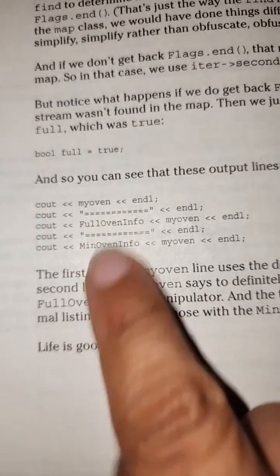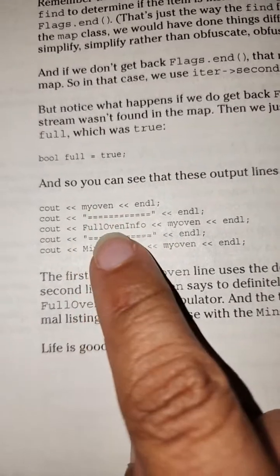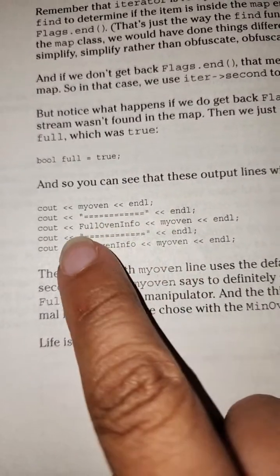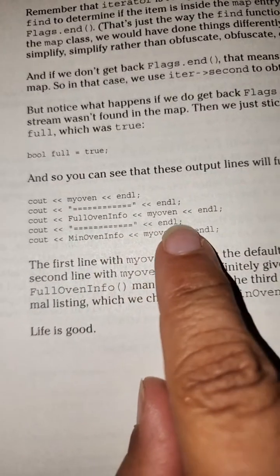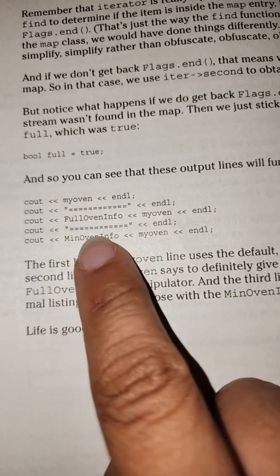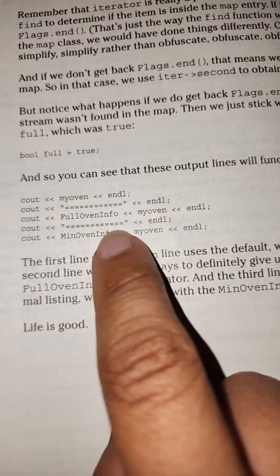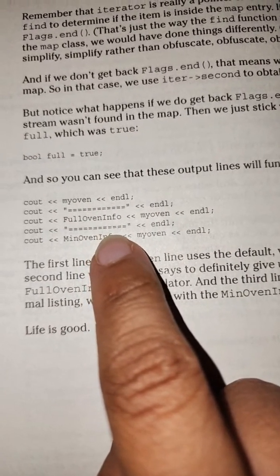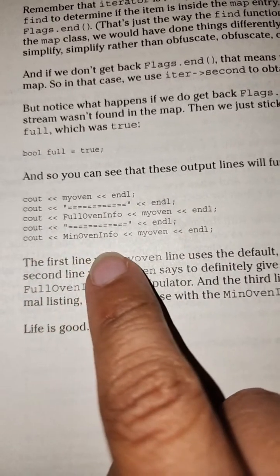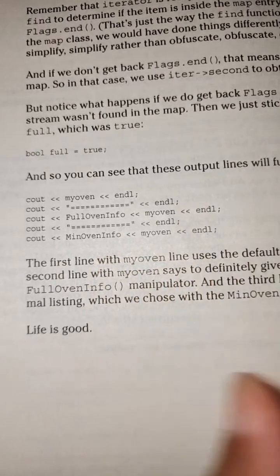cout my oven inline, cout lots of equals inline, cout full oven info, my oven inline, cout lots of equal signs inline, cout min oven info, my oven inline. The first line with my oven uses the default, which is a full listing.